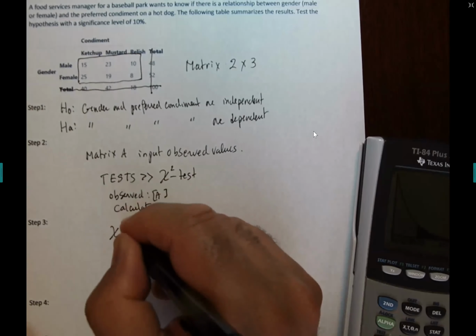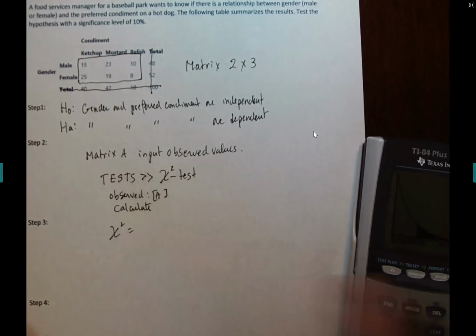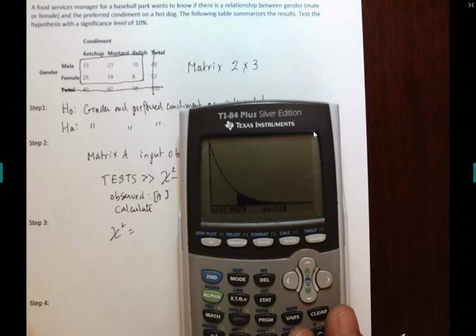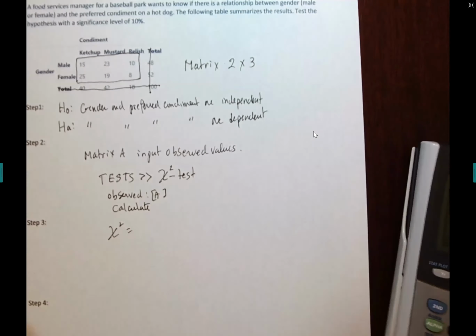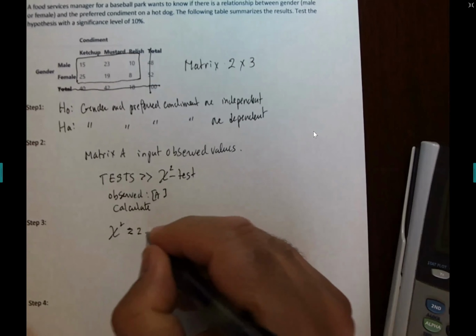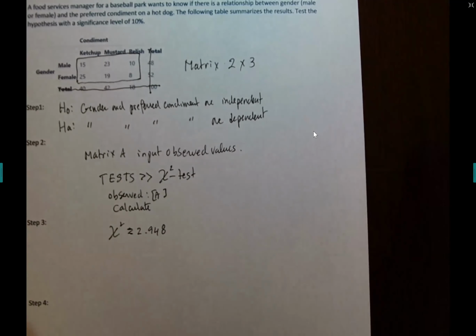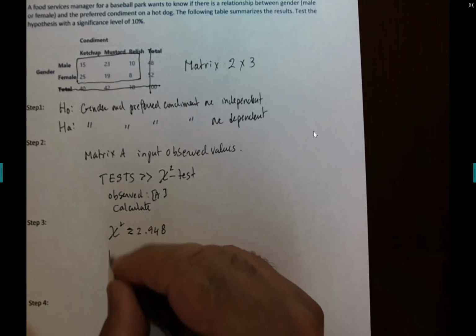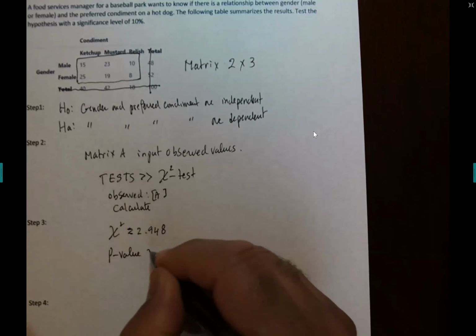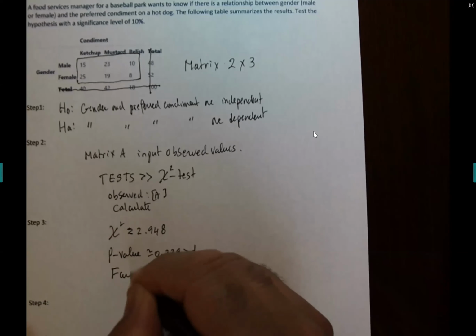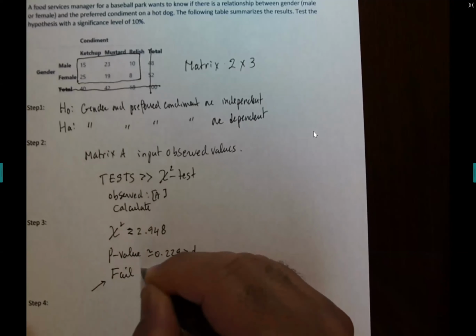So you get chi-square is 2.948, and then the p-value, guys, is 0.229. It's huge, which is more than alpha. Fail to reject H0.